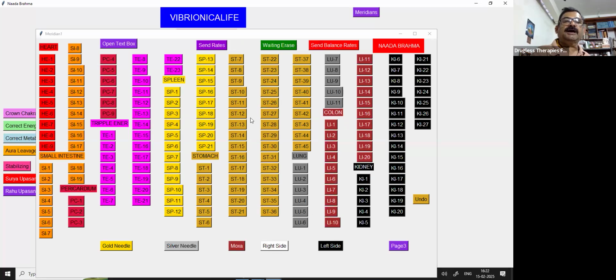Where is stomach meridian 9? First we have to erase, weighting erase. Then ST 9 and 25. We can get the combined effect also. When you are keeping it in the as-it-is position, we can send rate.